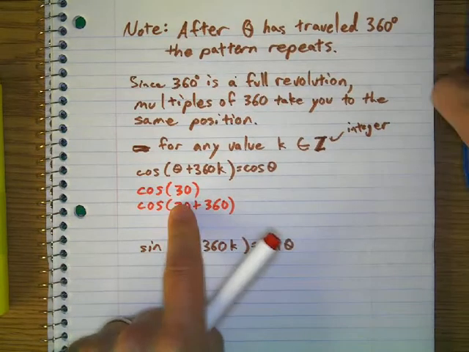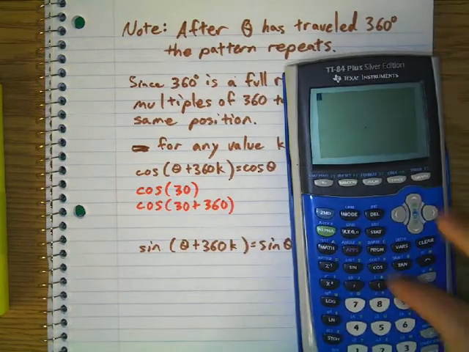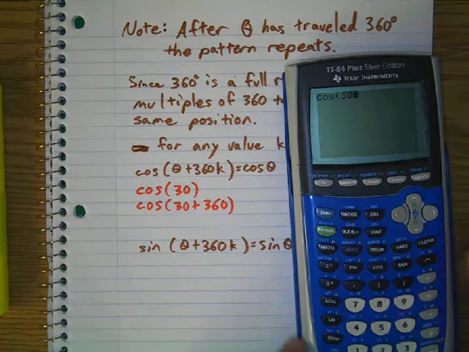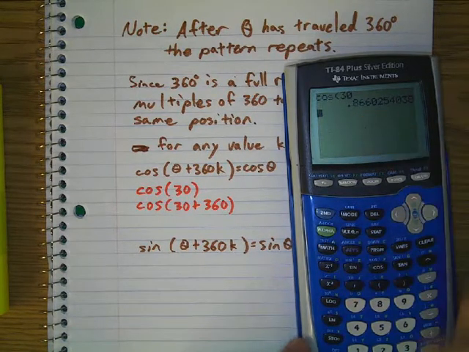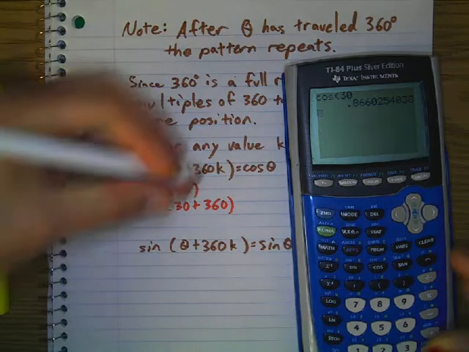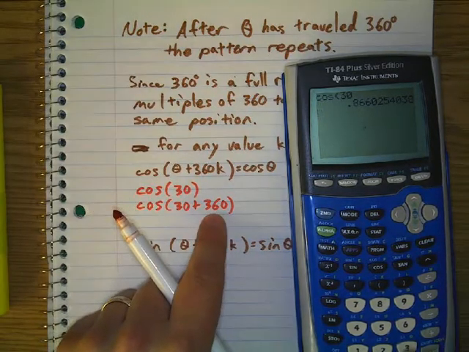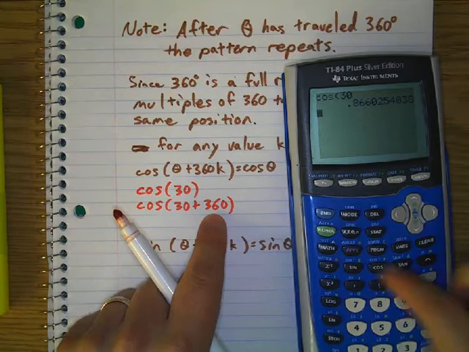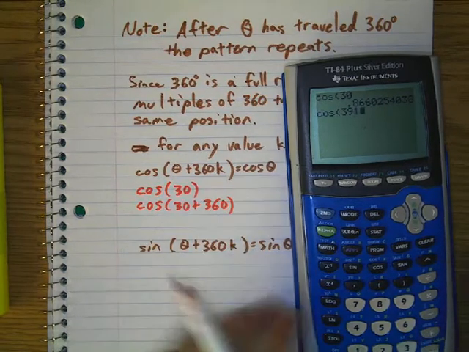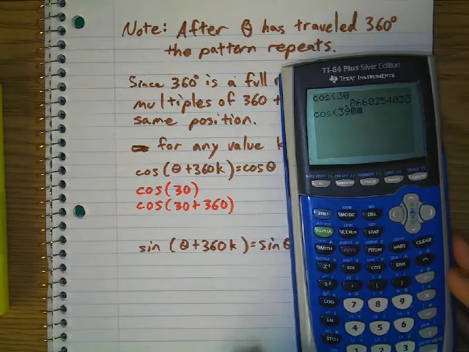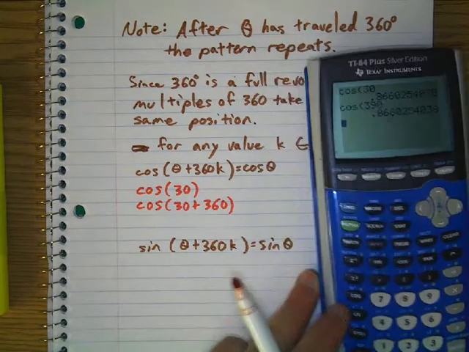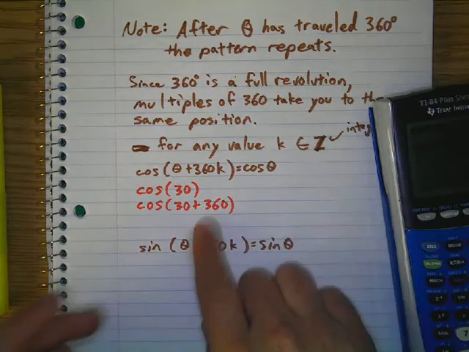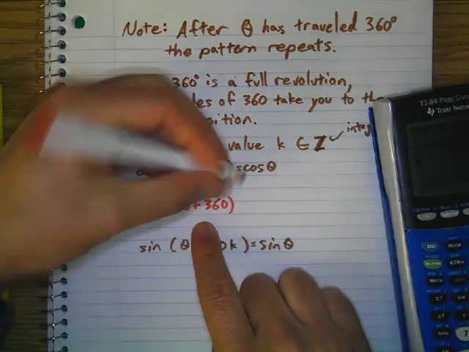So cosine of 30, for example, is equal to 0.866, right? So what is cosine of 390? Guess what you think it's going to be? Oh, it's the same thing, because if I go around 360 and add 360 to this, it's going to give me the same thing.